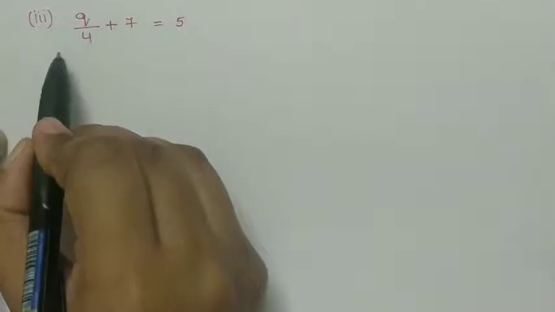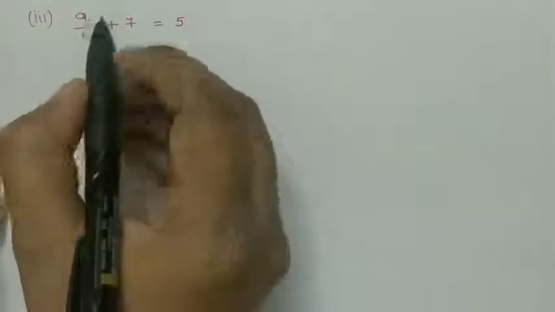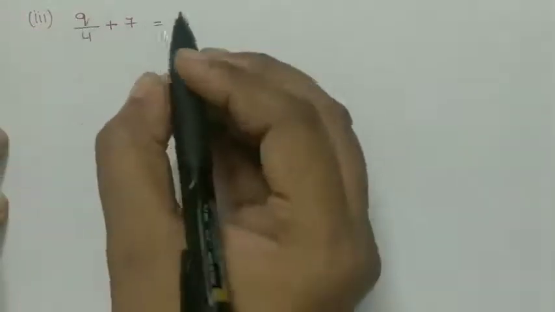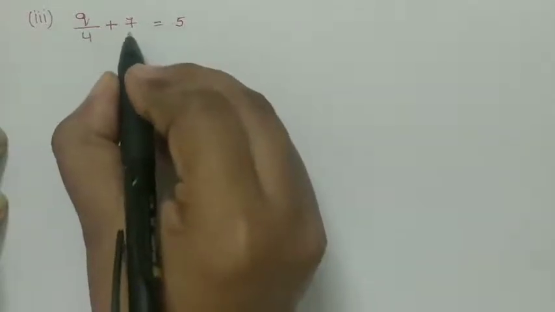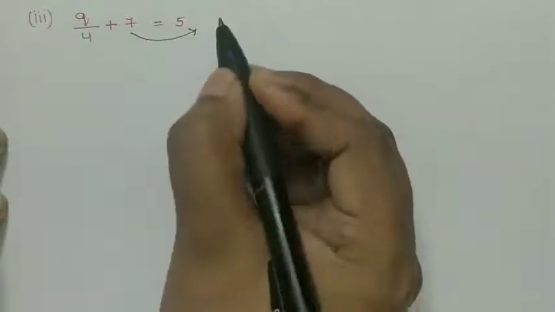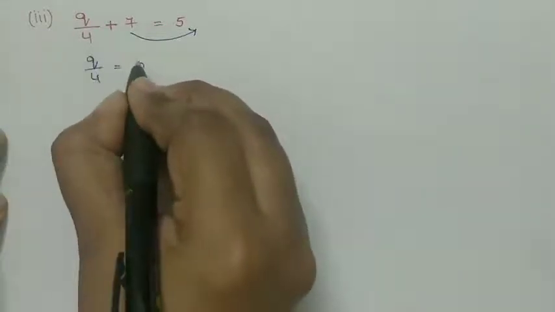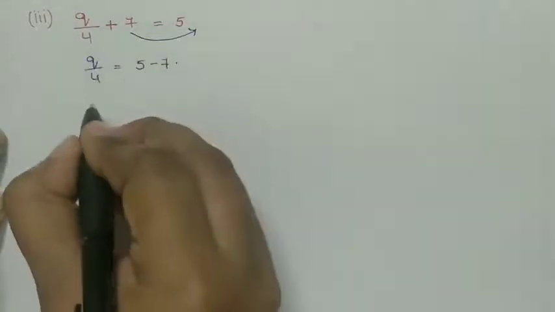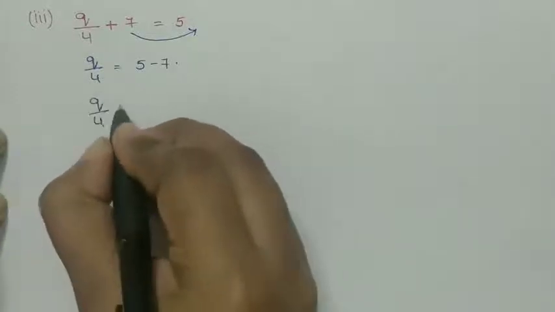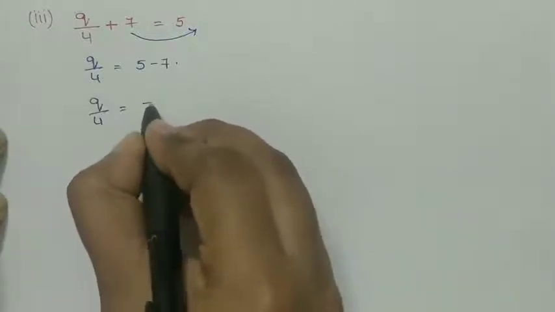Third one, solve the given equation. That means we need to find the value of q. For that, transpose plus 7 to RHS. q by 4 is equal to 5 minus 7. q by 4 is equal to minus 2.